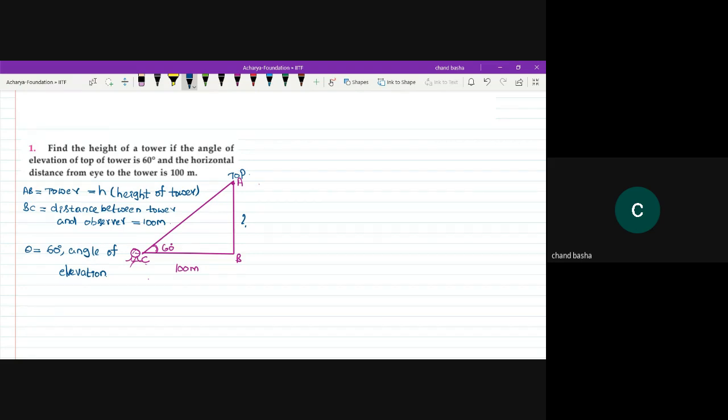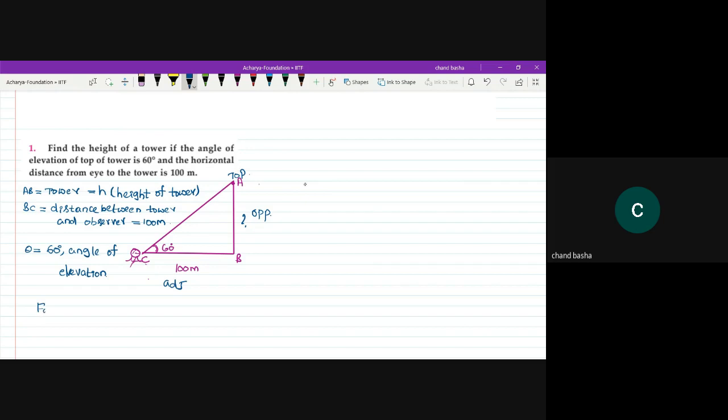You forgot everything related to trigonometry. Hypotenuse is not given. Opposite upon adjacent. This is the opposite side he is asking, and this is the adjacent side already given. Angle is also given. Either you can use tan theta or cot theta.